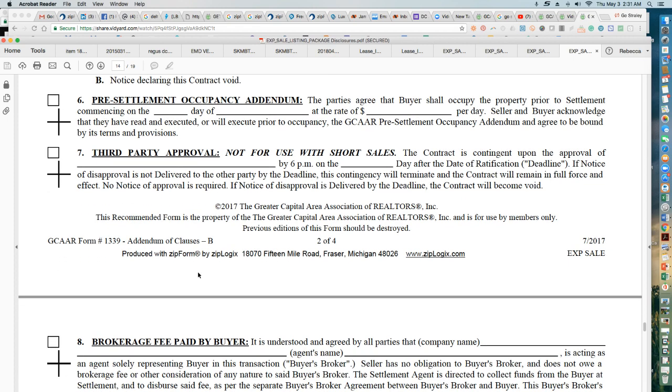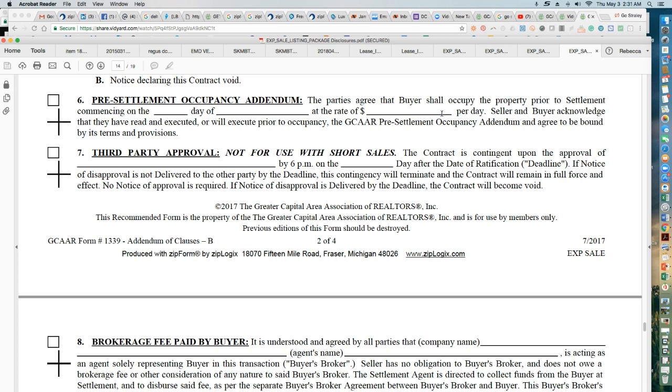Pre-settlement occupancy addendum. So sometimes the buyer would like to get in there early because they will commence the settlement on such a date the parties agree the buyer shall occupy the property prior to settlement, and this is the date that they're going to occupy it, commencing, say, on the first day of May, and how much they're going to pay each day until they go to settlement.